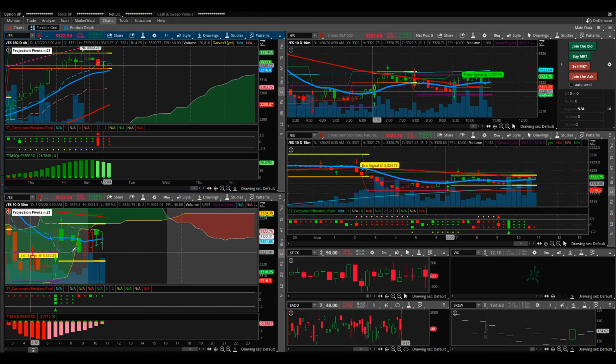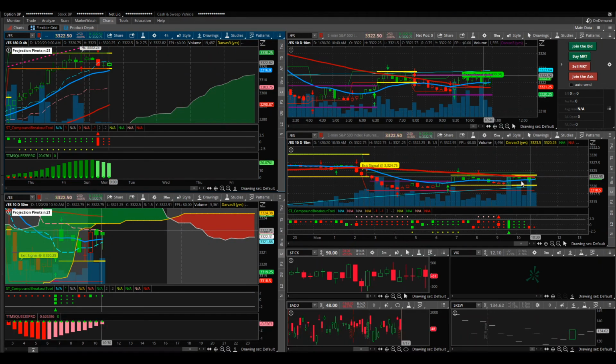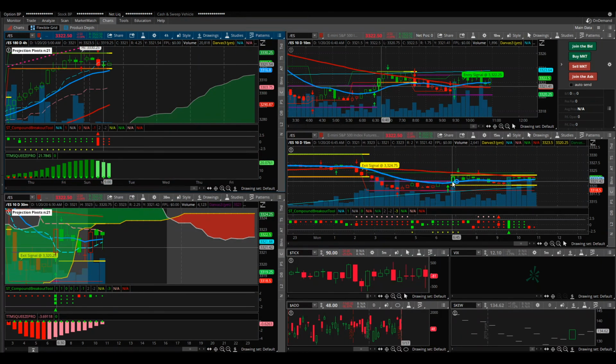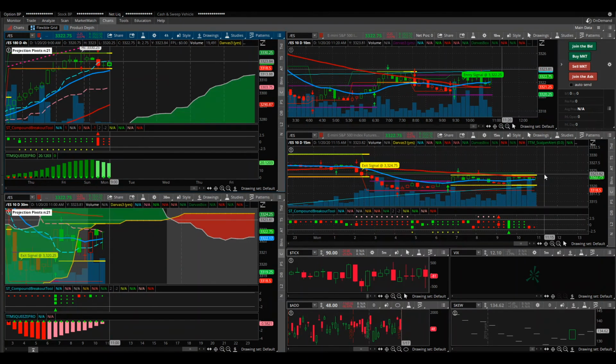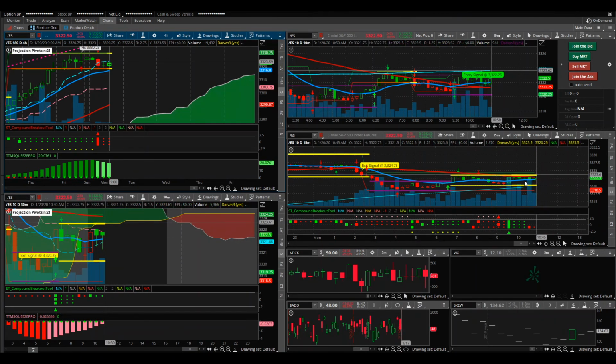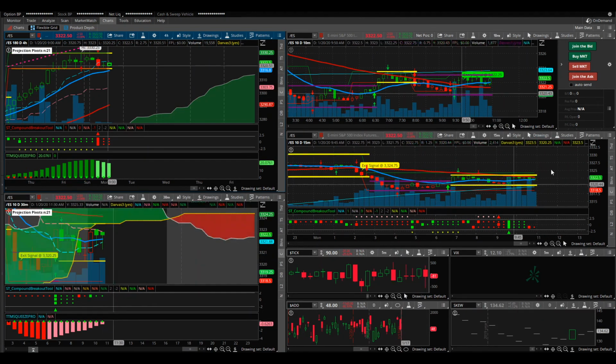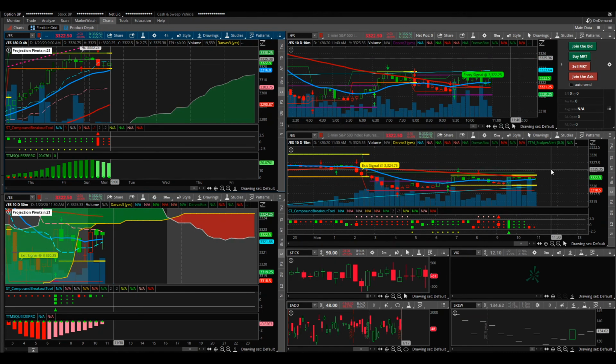Now this is on the extended, but on these ones up here, the 15 and the 10. The 10 did just cross over. The 15 has not crossed yet. So I would not enter ES until I get this cross back above on the 15. So I do want multiple time frames to show me the entry points on these trades.